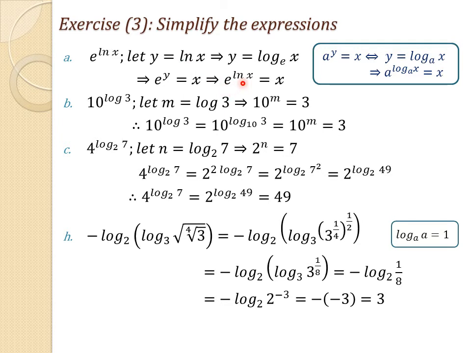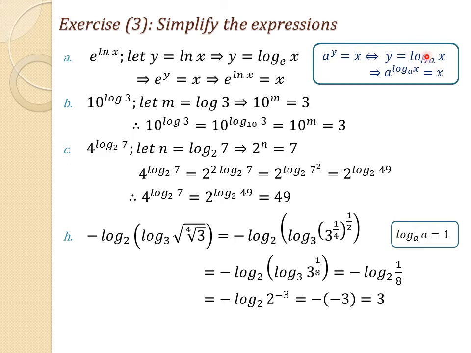Now, as we know that the ln is logarithm base e, so e with logarithm base e for x, the result is x. How did we do it? We just remember the fundamental identity saying that a power y equal x if and only if y equal logarithm x base a.